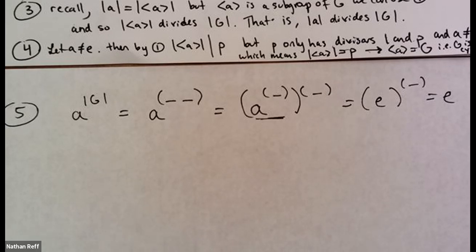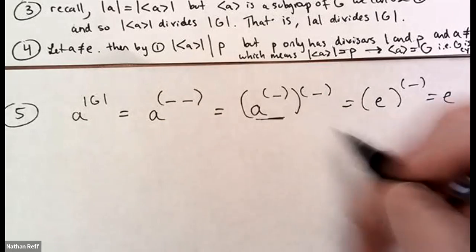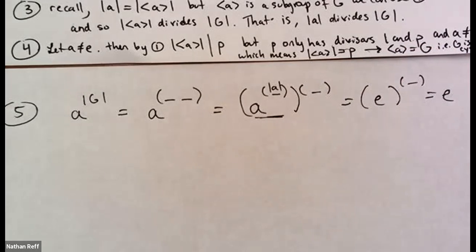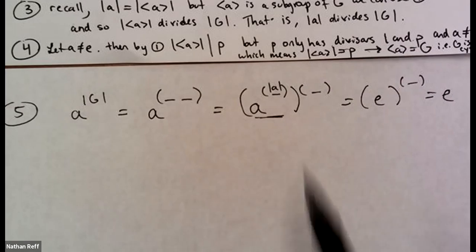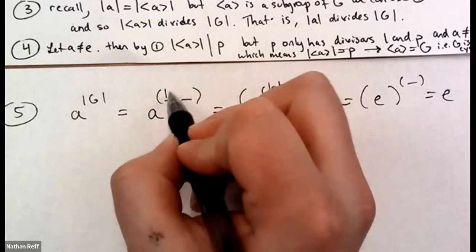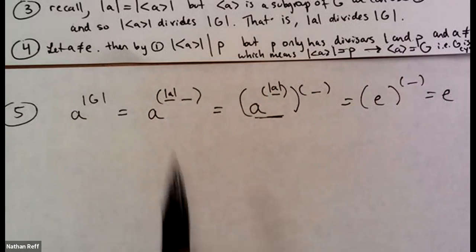Okay, so that is the order of the element, right? So if you raised A to the power of its order, do you agree that would be the identity? So it's the order times 1 now.